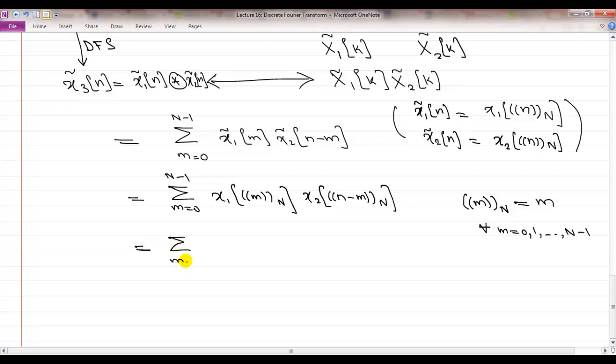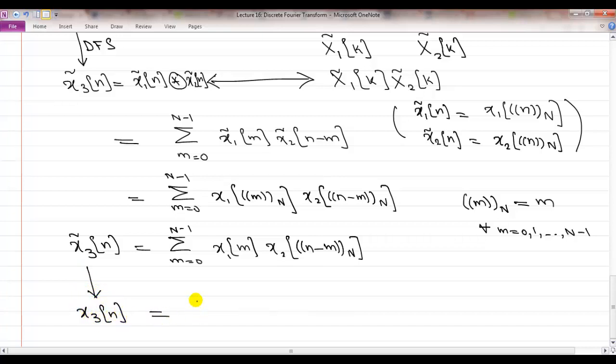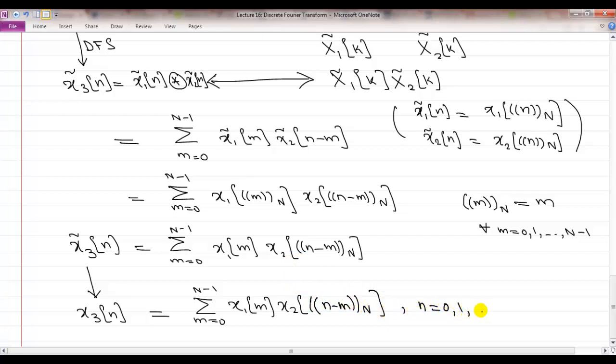So I just replace it: the summation over m equal to 0 to N minus 1 of x1 of m, x2 of n minus m mod N. Okay, this is x3 tilde of n, which means that x3 of n, which is just one period of that, is simply the same thing, x1 of m, x2 of n minus m mod N, but now we are only limiting ourselves to n equal to 0, 1 up to N minus 1.